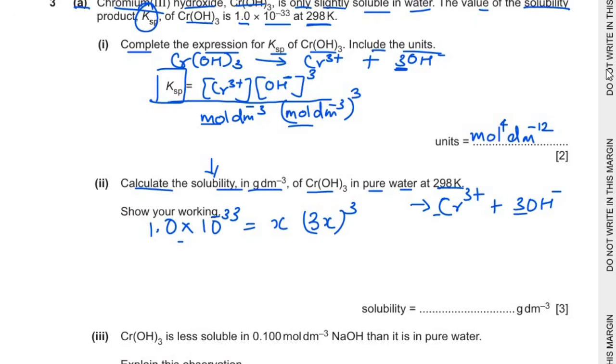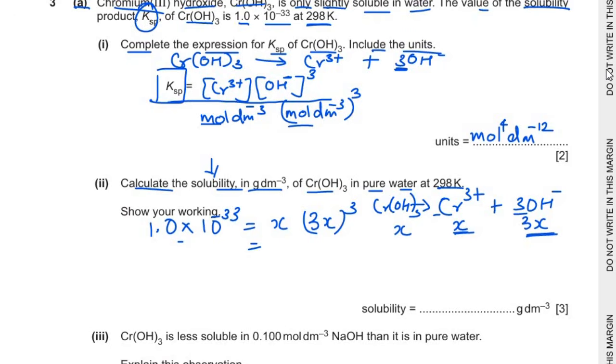So if the solubility of chromium hydroxide is x, after going into the aqueous solution it will be split or ionized into x and 3x, because it is a 1:3 ratio. So substituting the concentration of both the ions, we get this value.